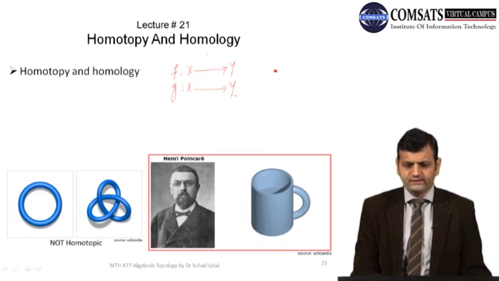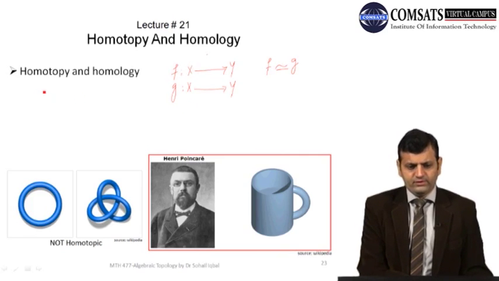Now the point is, if f and g are homotopic, then what will happen with their images under the functor Hn? So remember that we have a functor Hn from the category of topological spaces to the category of groups.